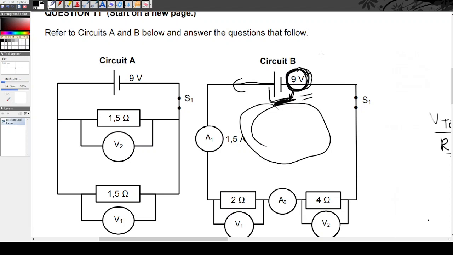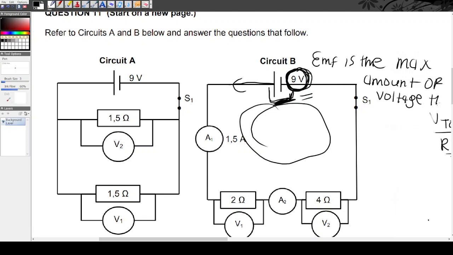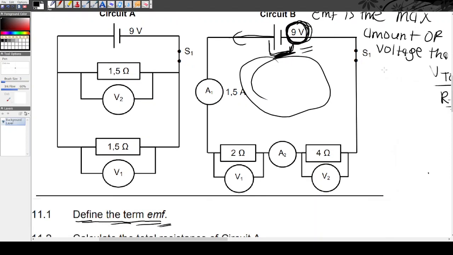So this 9 volts, or EMF, is the maximum amount of voltage that a battery or a cell can supply to the circuit.